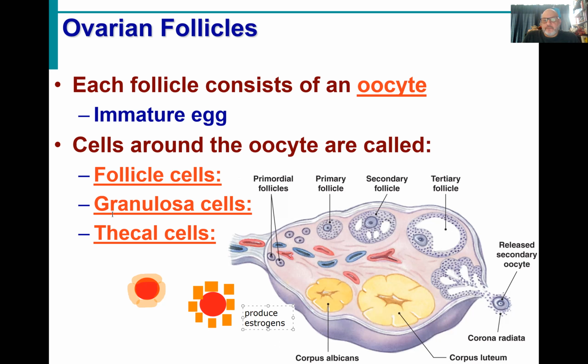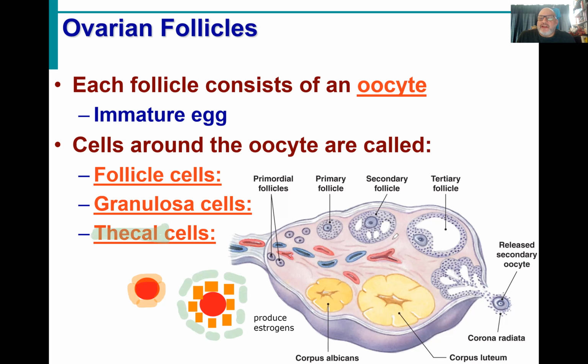All right? But as these granulosa cells form, an additional layer of cells from the connective tissue forms on the outer surface. These are not granulosa cells. These are not follicular cells. These are a different type of cell called a thecal cell.